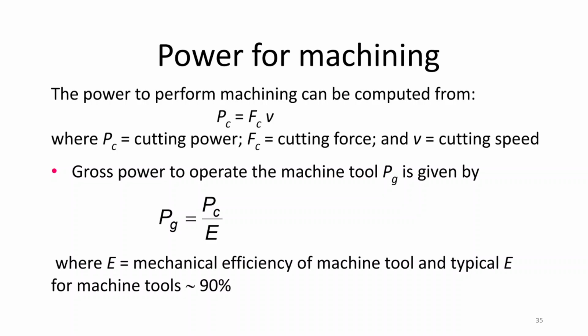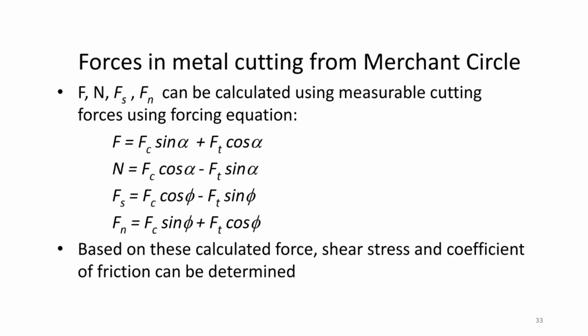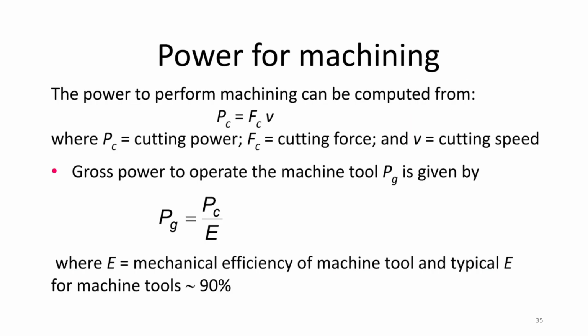So the power that is consumed for machining can be computed from Pc equals Fc times v. Here Pc is cutting power, Fc is cutting force, and v is cutting speed.